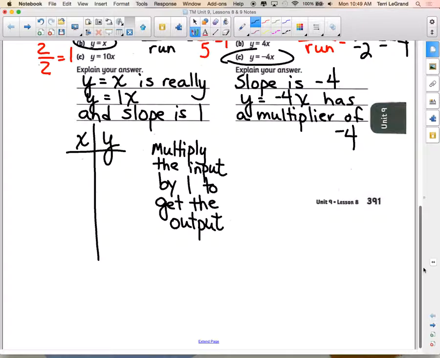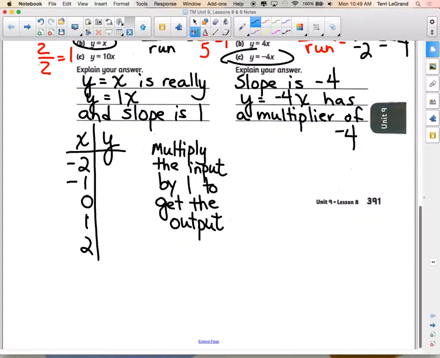So if we chose some x values, I don't know, let's choose these guys for the fun of it. What would happen if we took negative 2 times 1? What would we get for the y value?